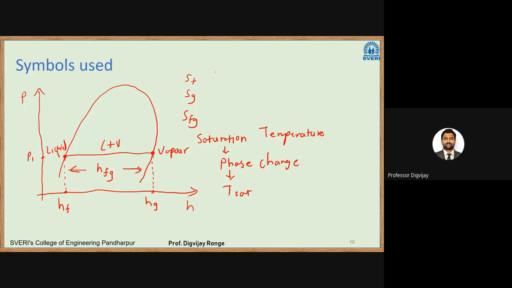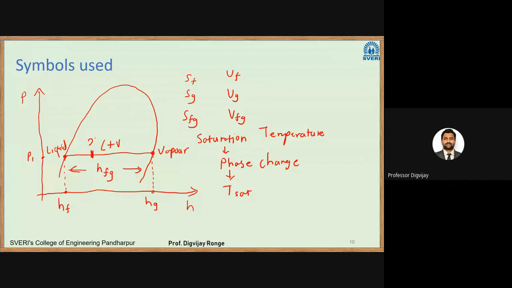If I take specific volume, that will again be Vf, Vg, and Vfg. Please remember these notations because we are going to use them directly in the upcoming numericals. If your refrigerant lies somewhere in between, we have a dryness fraction associated with it, which we denote by x.